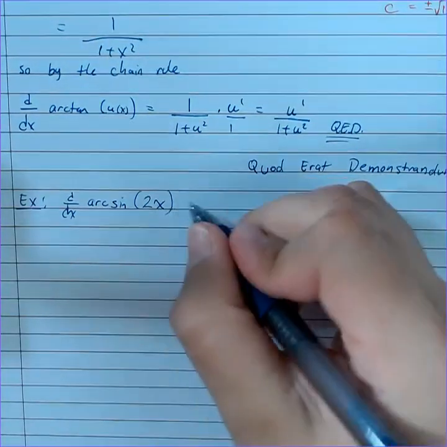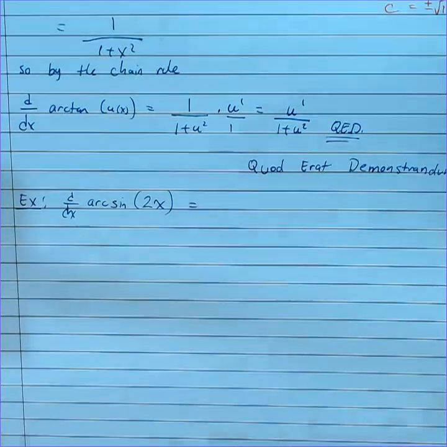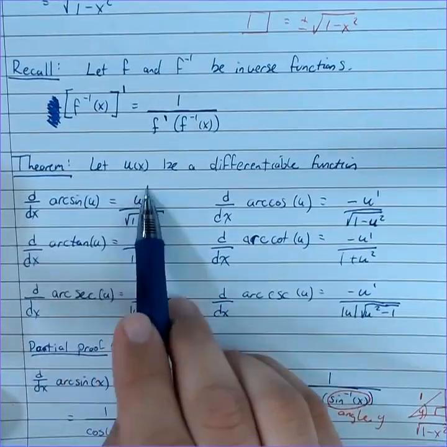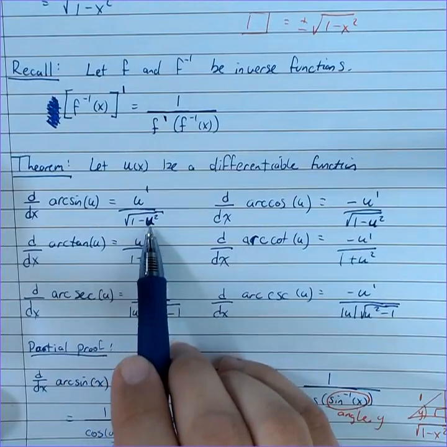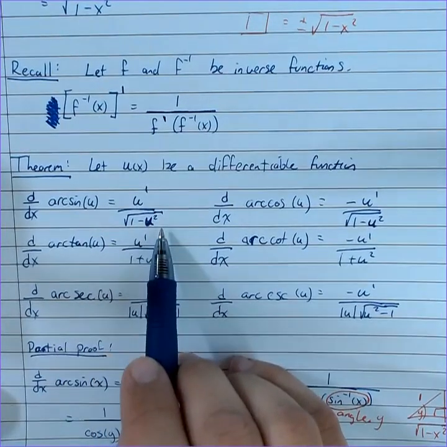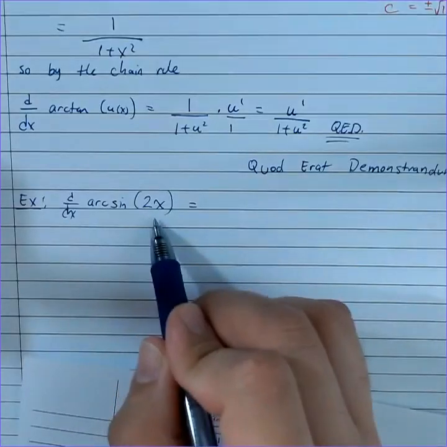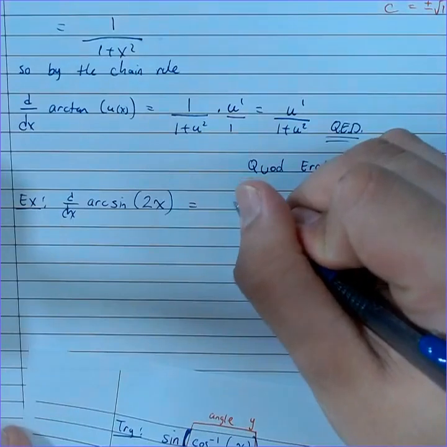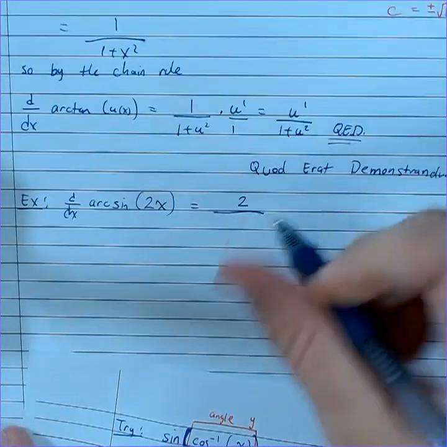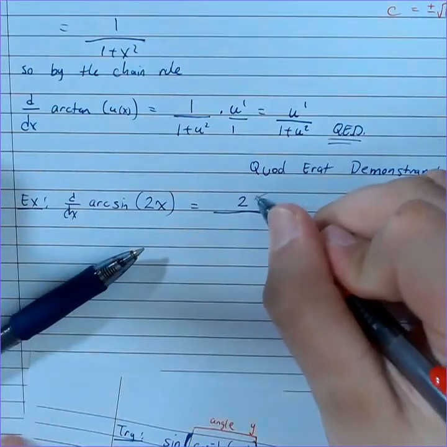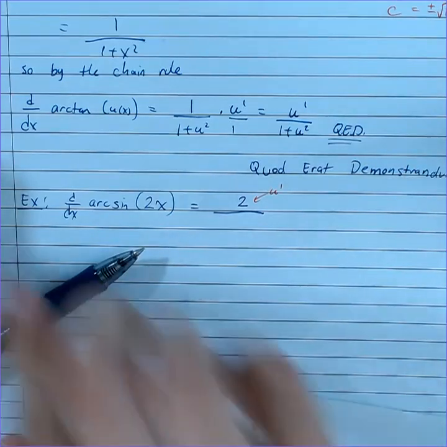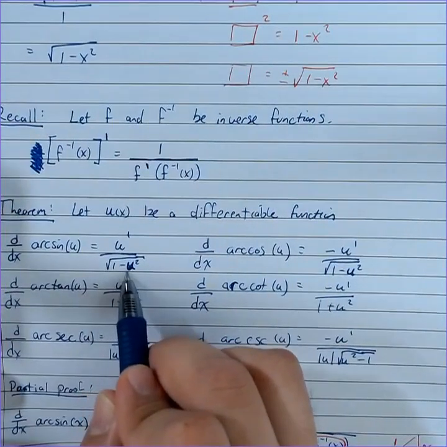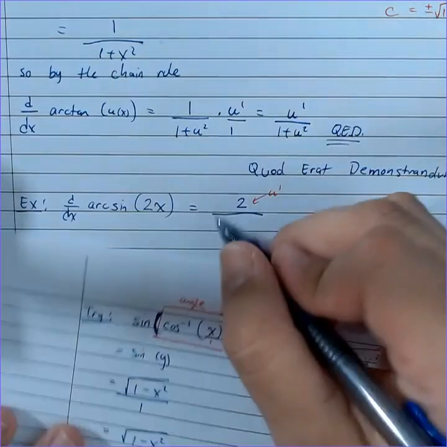All right, so here, given the formula we've proven over here, that's going to be u prime over the square root of 1 minus u squared. Okay, so that's your u right there. So u prime, the derivative of this, is going to be just the number 2. All right, that's your u prime, over the square root of 1 minus u squared.